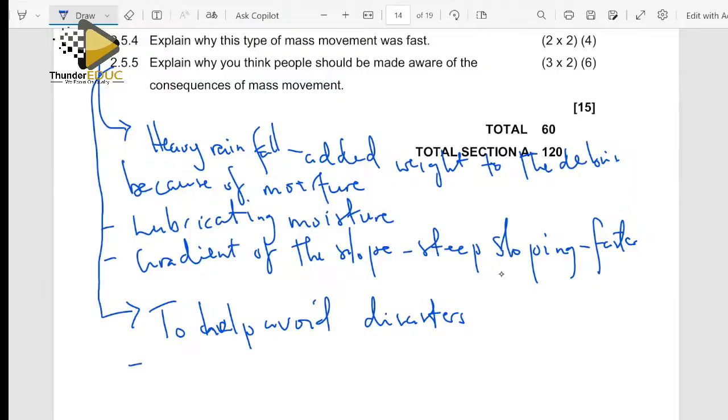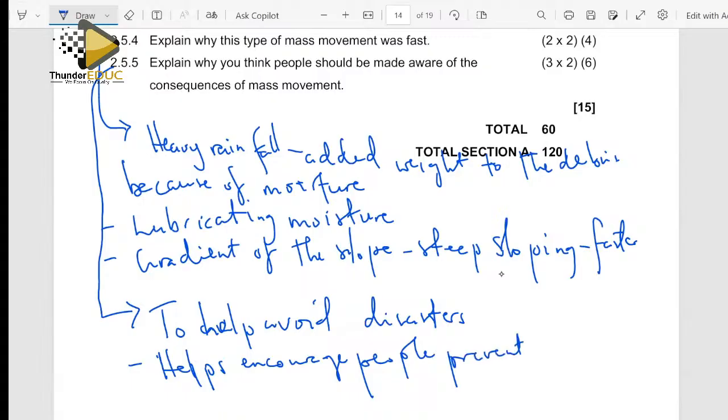prevention. And also we can argue that it will help to encourage people to prevent the disasters.